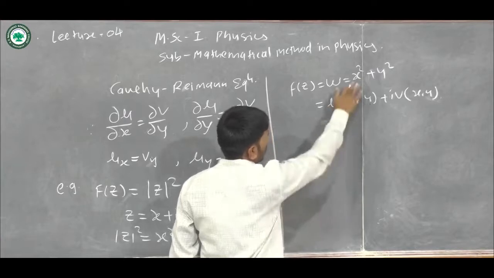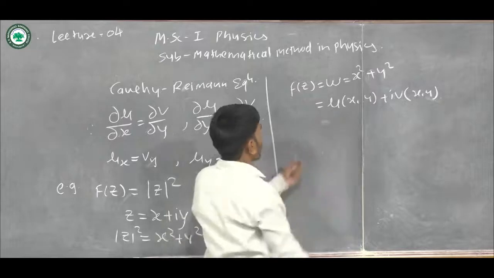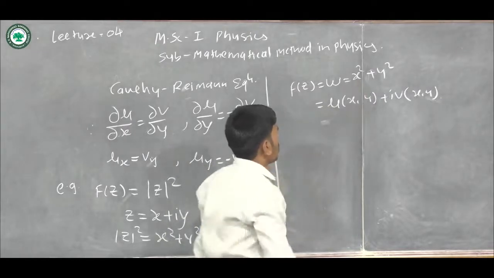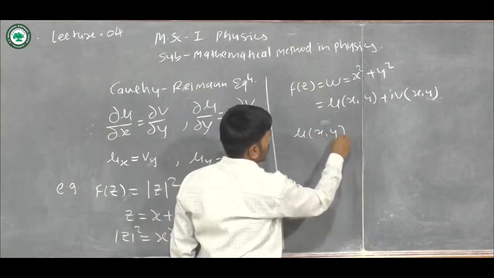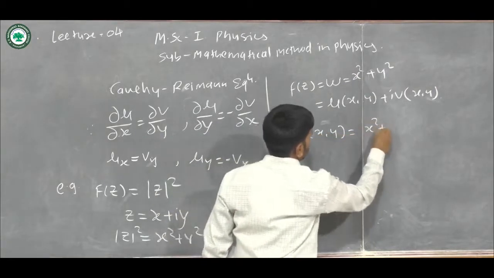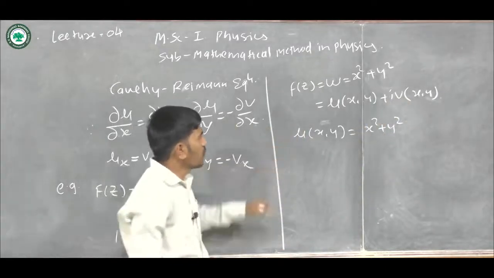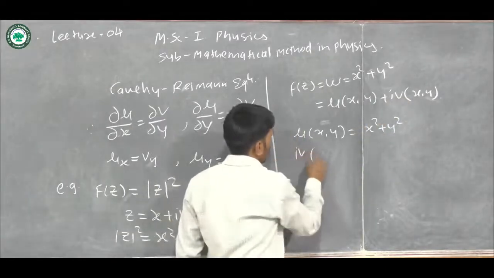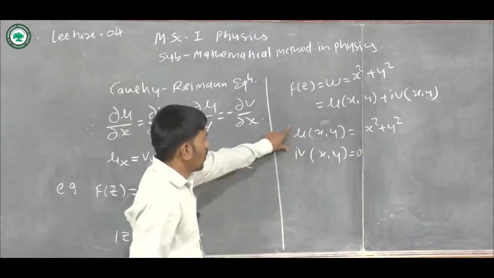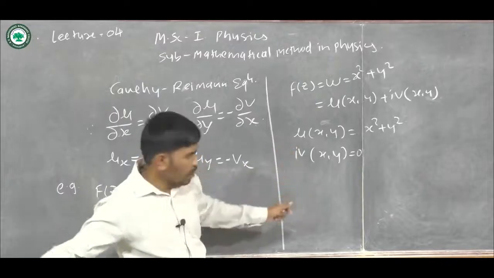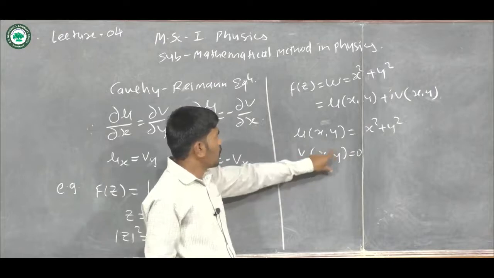If we compare this function f of z with this equation, we can write u of x and y is equal to x squared plus y squared, and the imaginary term is equal to 0. So v of x and y is equal to 0. Sorry, here is not iota.